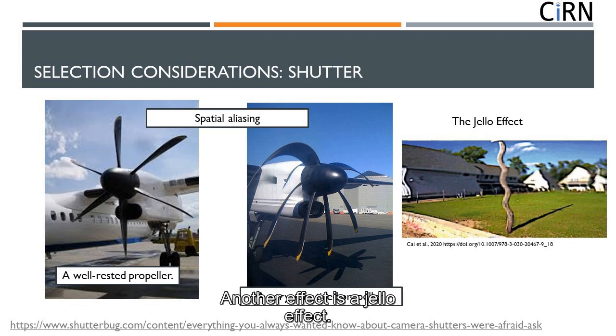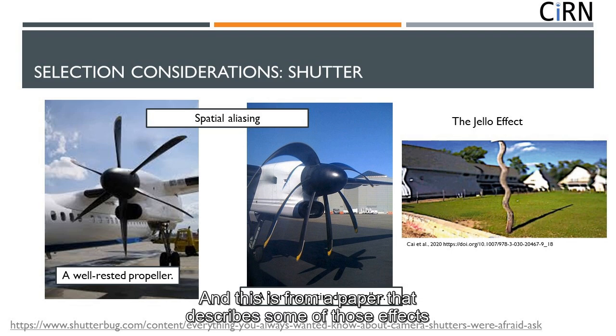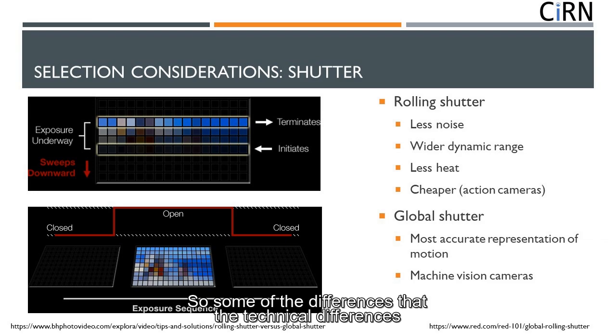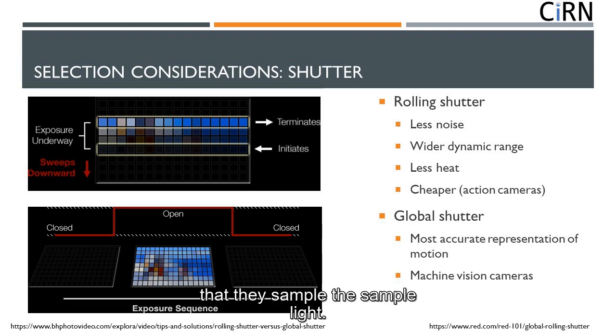Another effect is a jello effect. Say you're taking an image with a rolling shutter on a drone, you might notice this wiggle in the sensor, and this is from a paper that describes some of those effects on a UAS. So you can see what that jello effect looks like. Some of the technical differences between the rolling shutter and the global shutter are the way that they sample the light.